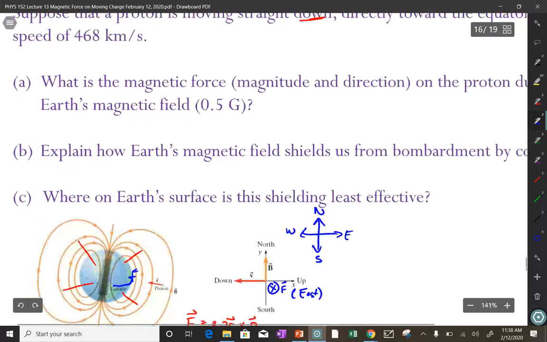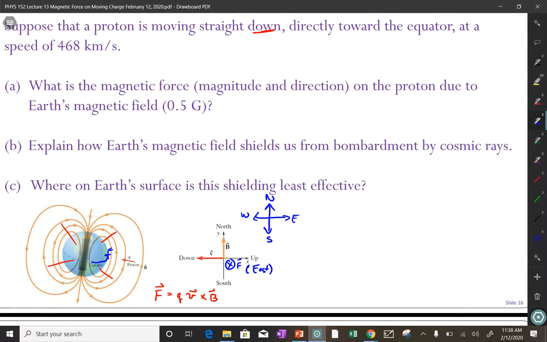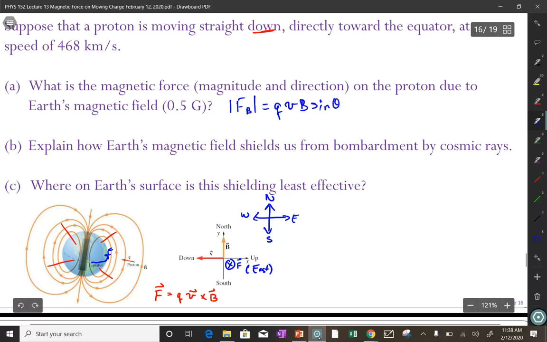Okay, so we have the direction. Now we need to calculate the magnitude. So the magnitude of the force is qvB sine theta. Charge of a proton, 1.602 times 10 to the minus 19 coulombs.